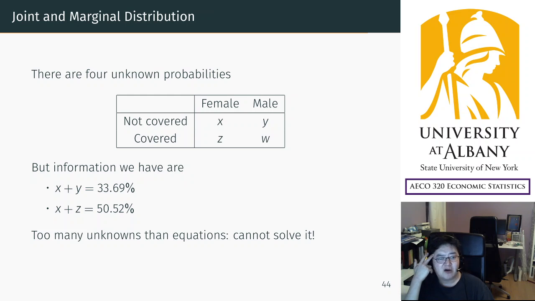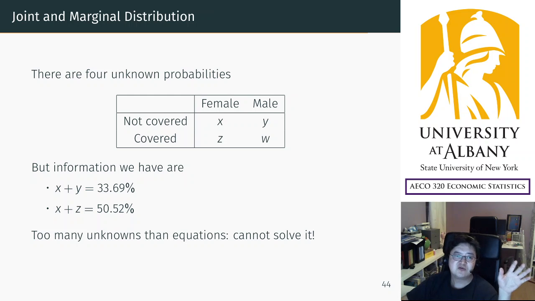Now let's think about this question more algebraically or mathematically. Our problem can be formulated in this way. We would like to calculate the joint probability distribution. That is, we need to know four probabilities: X, Y, Z, W. We need four probabilities, and they are unknowns.